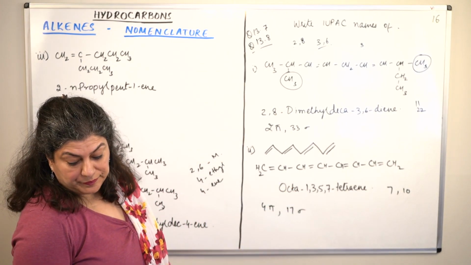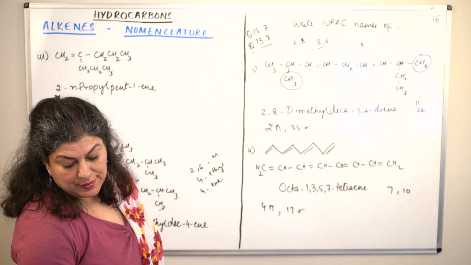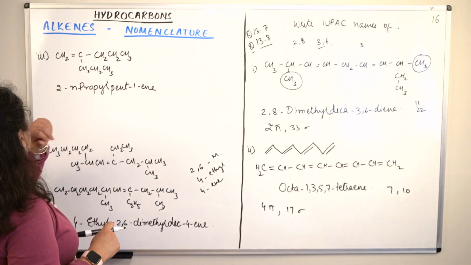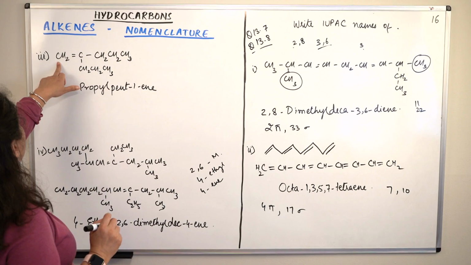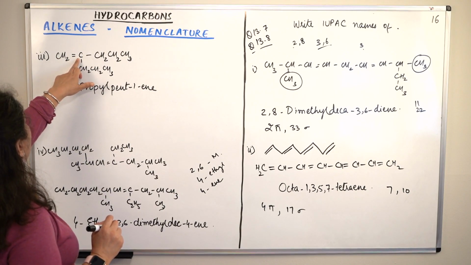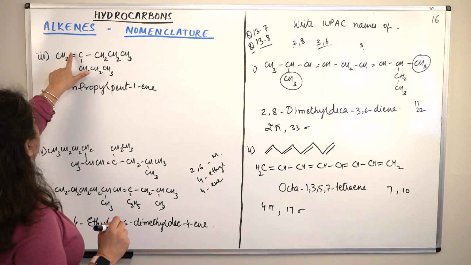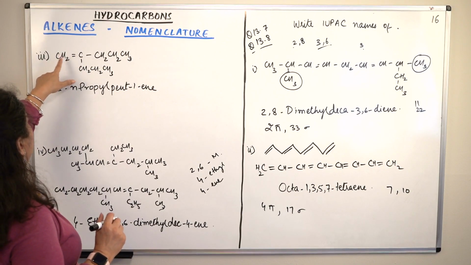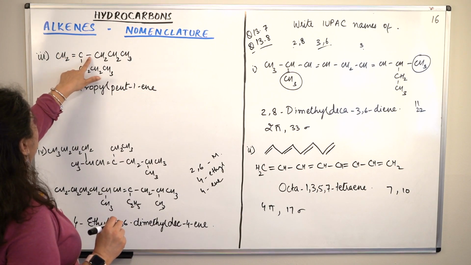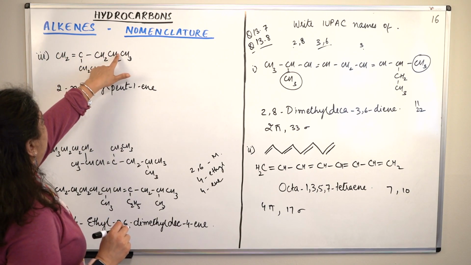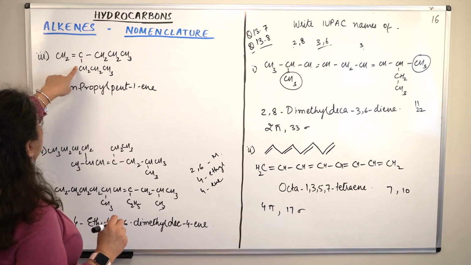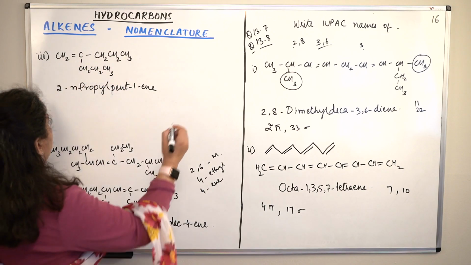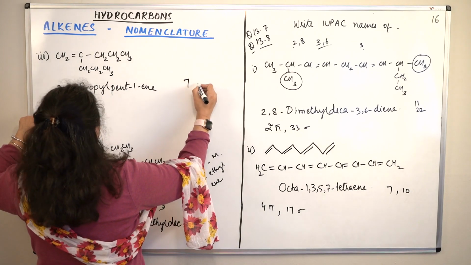Next is this compound. Look at this again. First we are counting the sigma bonds between the carbons. There are 7 bonds with carbons.